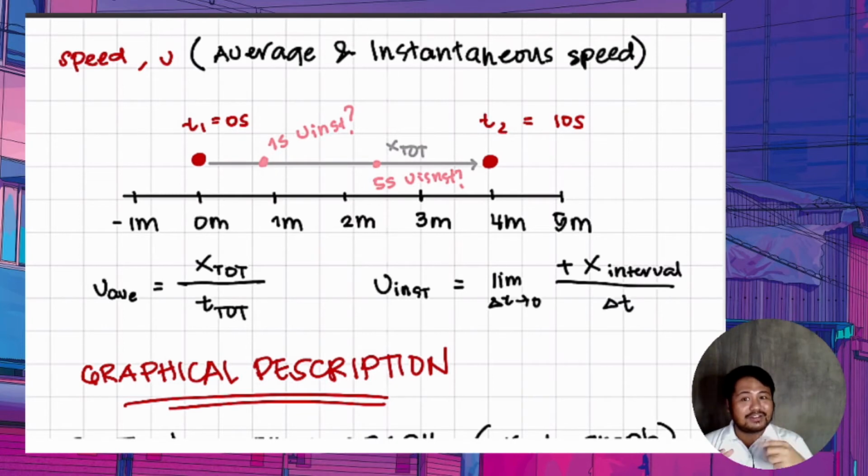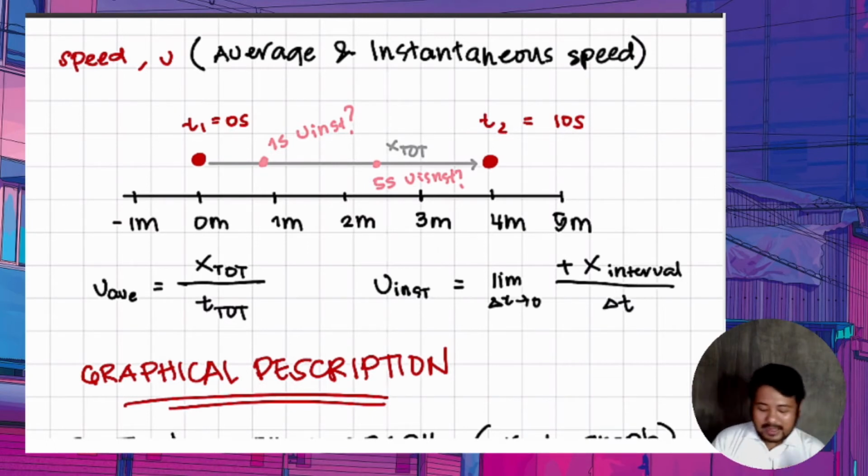So, instantaneous value is also changing. Kasi nga, different times could give you different values of instantaneous speed. Pwera na lang if constant ang ating average speed at saka ang ating instantaneous speed. Meaning to say, constant acceleration. It is not changing. Okay? Later on, we will have that one again.